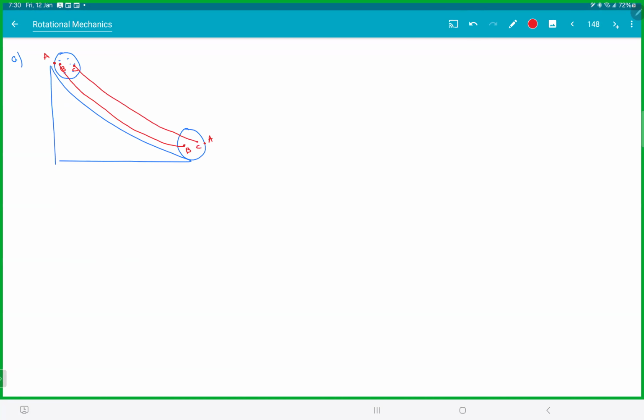C will still be here. You're getting it? The water will just translate. Water translates without rotation. So you don't take the rotational component.